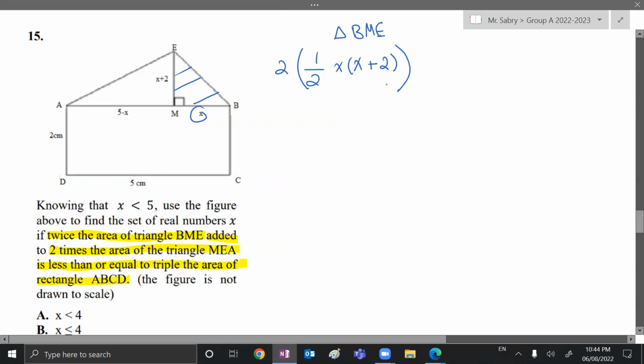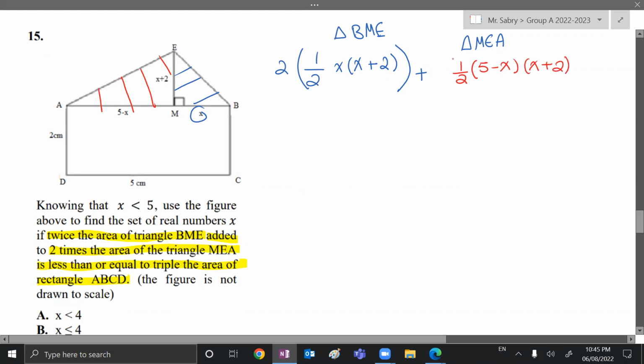Twice the area of this is added to 2 times the area of triangle MEA. So what's the area of triangle MEA? It's this other one, so let's use the red one for that. The area of this one would be half times the base, which is 5 minus x, times the height, which is x plus 2.